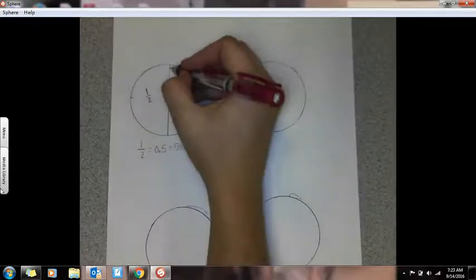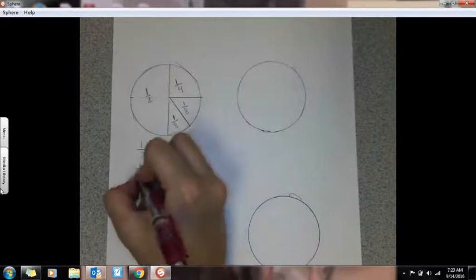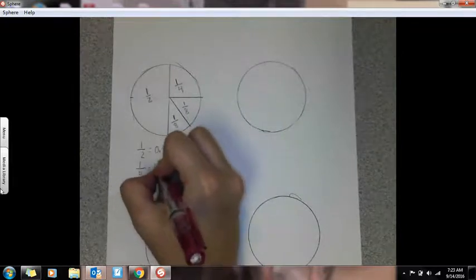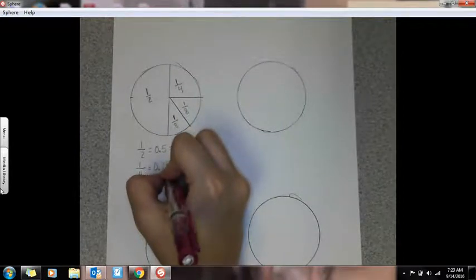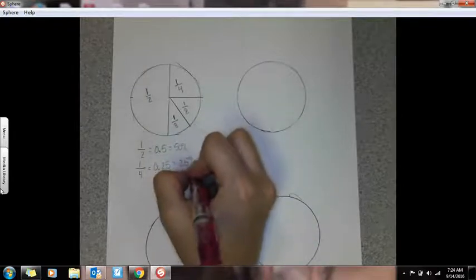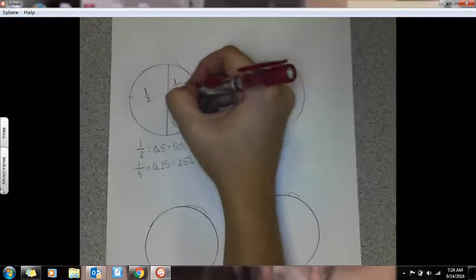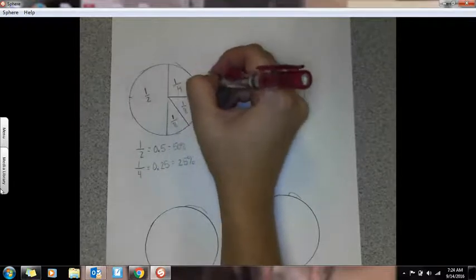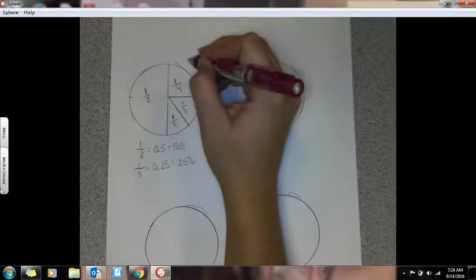My next type of wedge I have is 1/4. And when I change that to a decimal, I get 0.25. And when I multiply that by 100, I would get 25%. Again, the probability for this wedge is 25% of the entire circle, which is 100%.